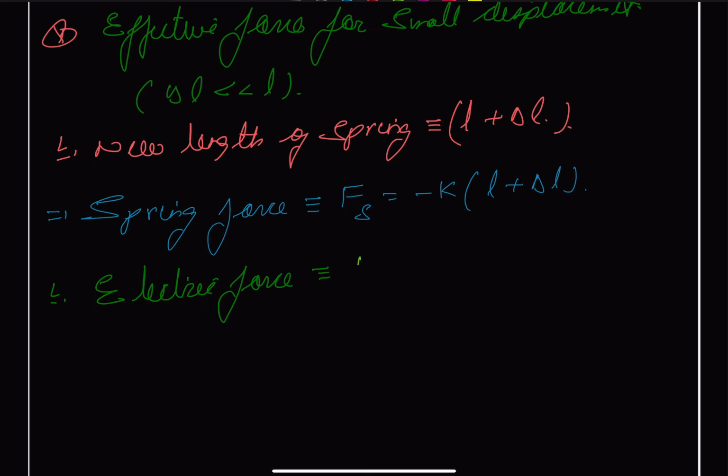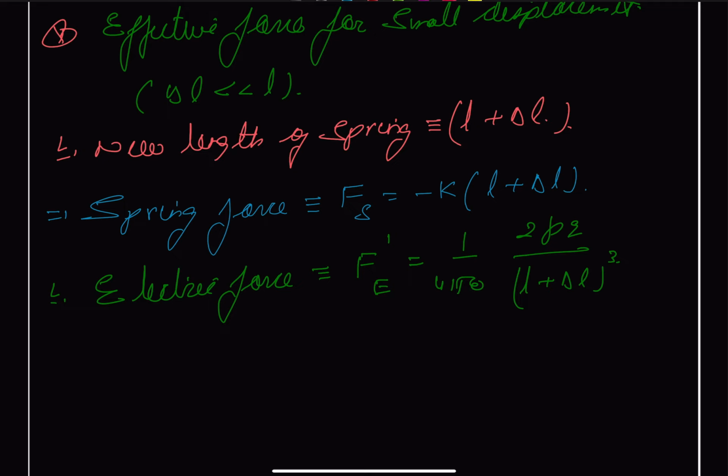And let us call this Fe prime, which will be equal to 1 upon 4 pi epsilon naught times 2pq divided by (L plus delta L) whole cube.